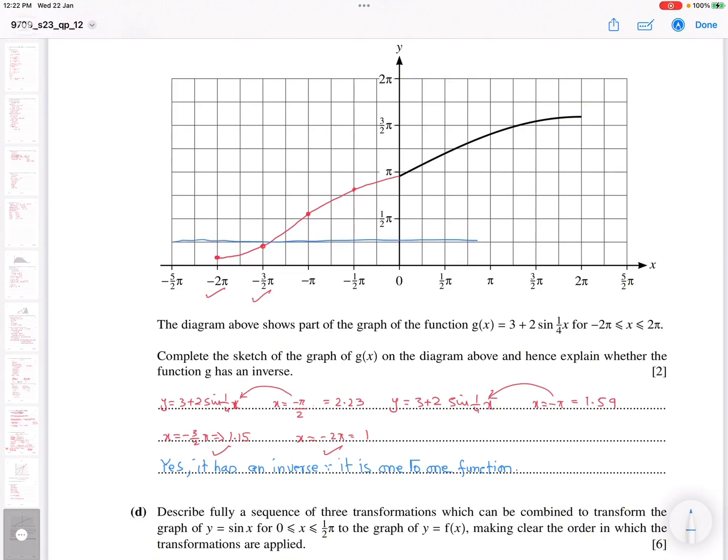If you make a horizontal test line, see these horizontal lines are cutting the whole graph at only one point. So when the horizontal lines cut the graph at only one point, then that graph must have an inverse.